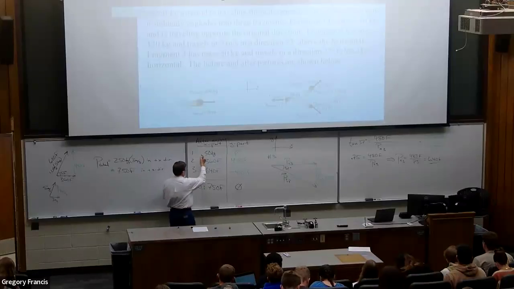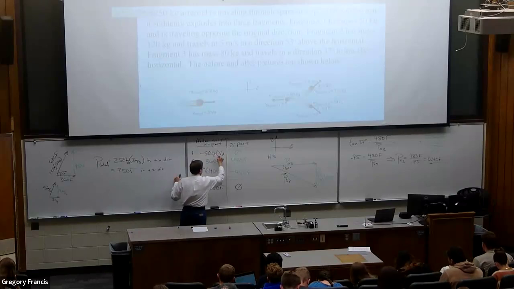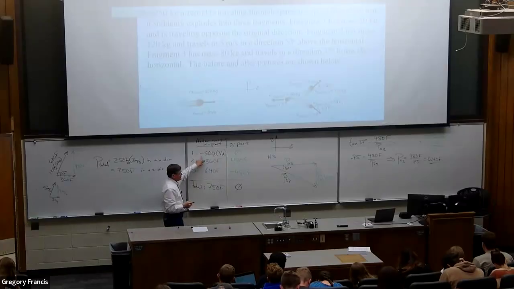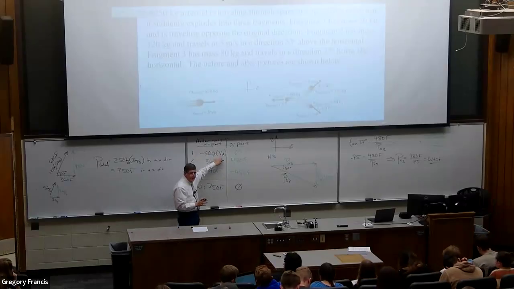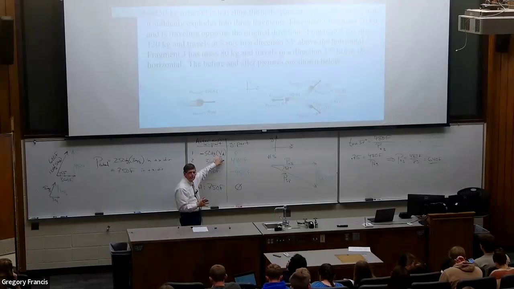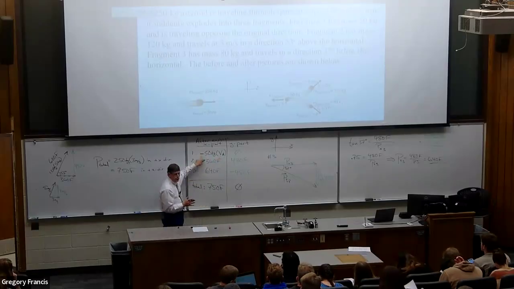So what I'm going to do is put a minus sign here and a VA. By putting that minus sign there, I've already taken care of the direction. So VA is just the speed. I should expect a positive number for VA when I solve for it, because I've already taken into account the direction with that minus sign.